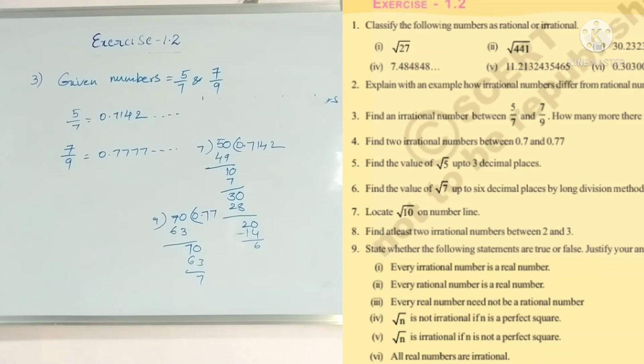So in between these numbers there are so many numbers, right? Here it is 0.71.